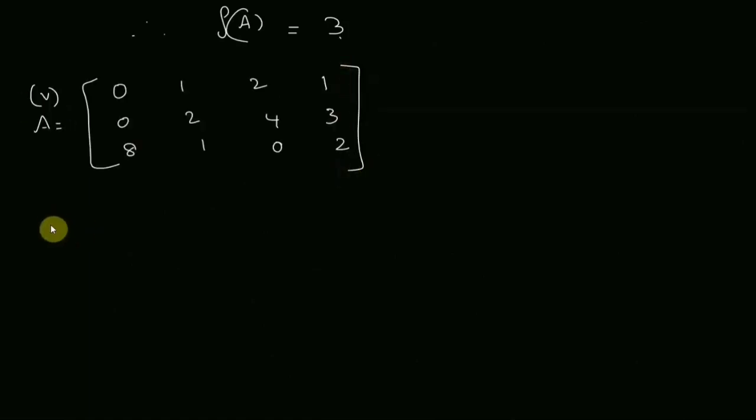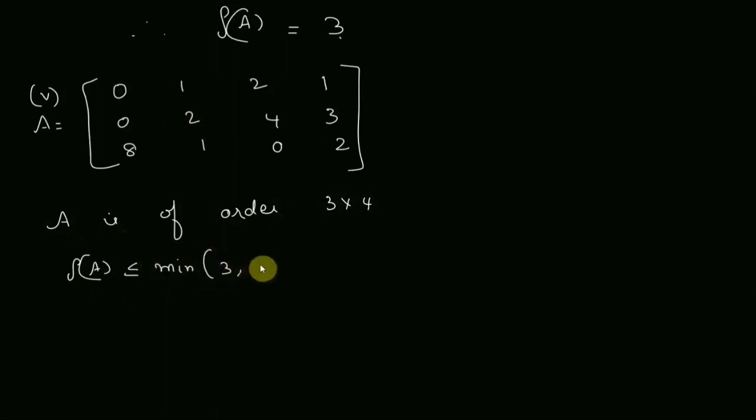So matrix A is 0 1 2 1, 0 2 4 3, 8 1 0 2. What is the order of this matrix? 3 by 4, because there are 3 rows and 4 columns. So the order is 3 by 4. Now the rank of A will be less than or equal to the minimum of 3 and 4. The minimum of 3 and 4 is 3.